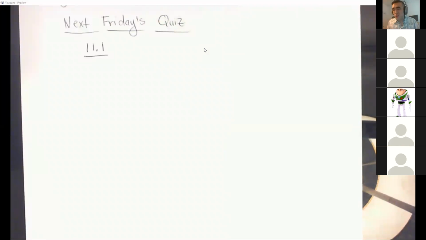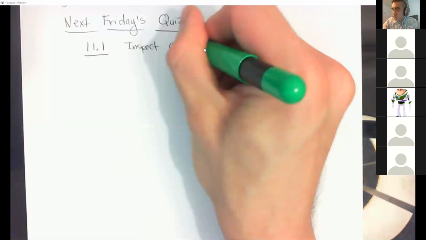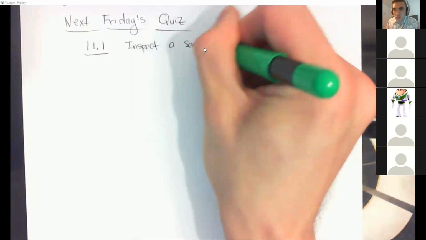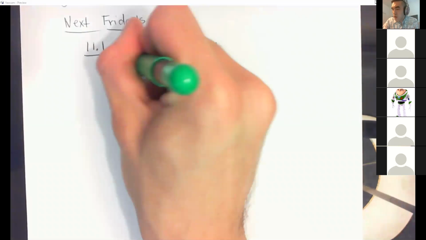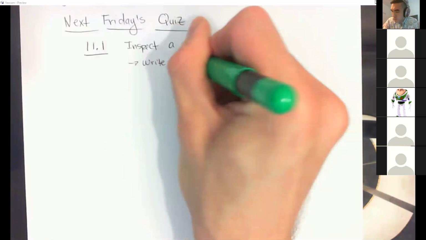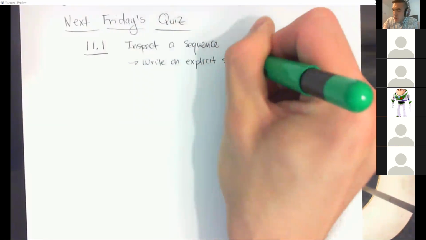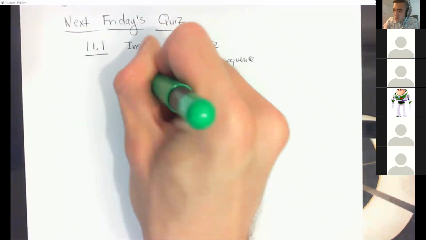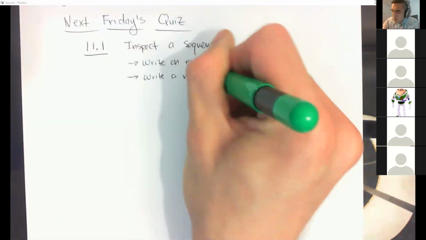Basically, what I need you to be able to do is inspect a sequence, and from this, write two different things for me: either an explicit series and also a recursive sequence.